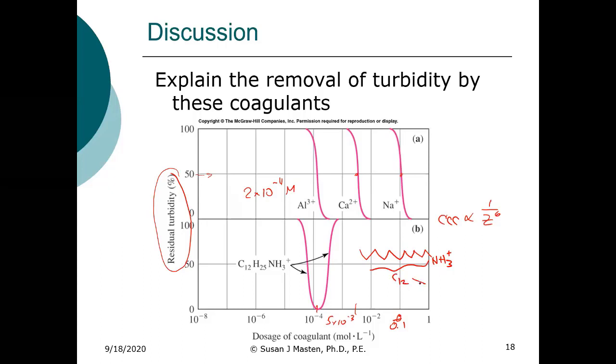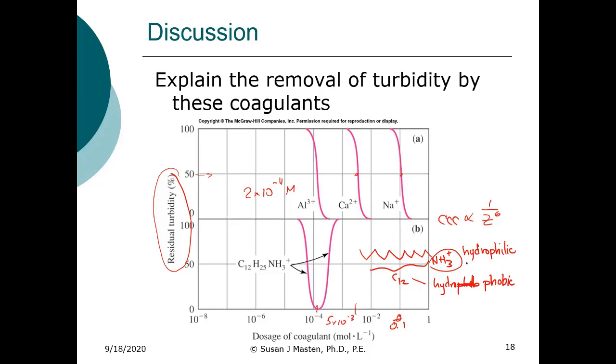This carbon chain is hydrophobic. It does not want to be in solution. This, on the other hand, is a charged species, and it is hydrophilic and wants to be in the aqueous solution.